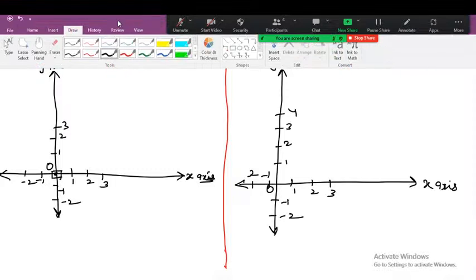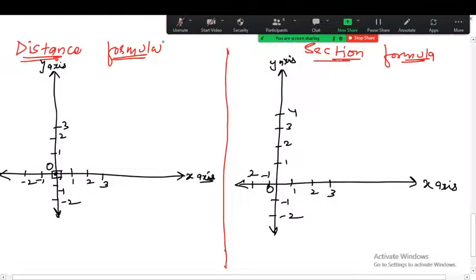What is the difference in both? The difference is where we actually use them. In the case of the distance formula, we use it if we want the distance between any 2 points. Let's say there are 2 points lying on the plane like this. The point A has coordinates x1, y1 and point B has coordinates x2, y2, and we want the distance between them.